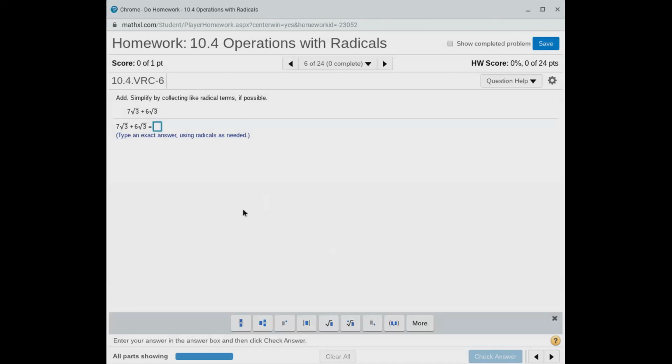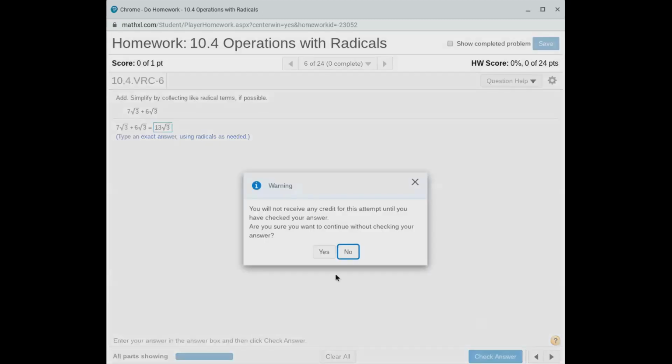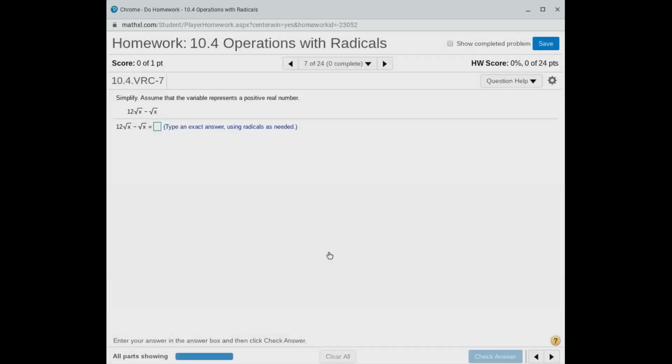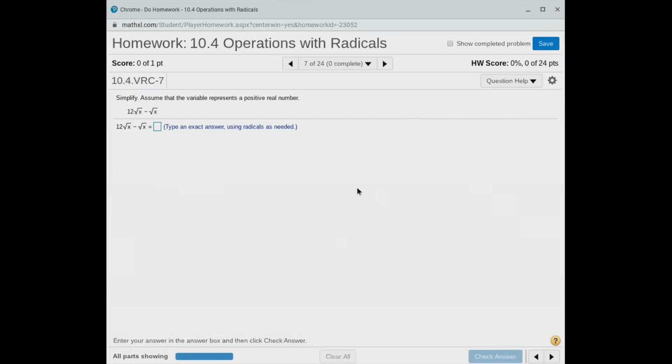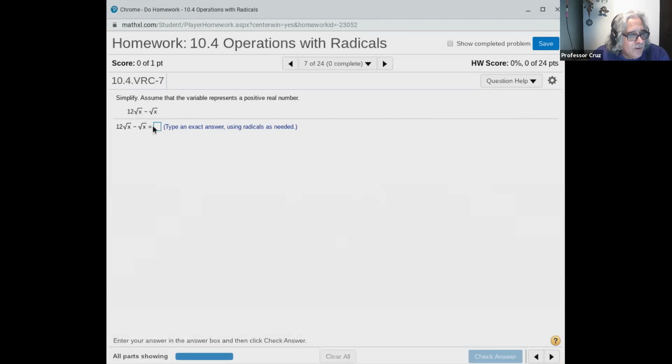Thirteen the square root of 3. Okay. 11 the square root of x. Yeah, you got 12 minus 1.